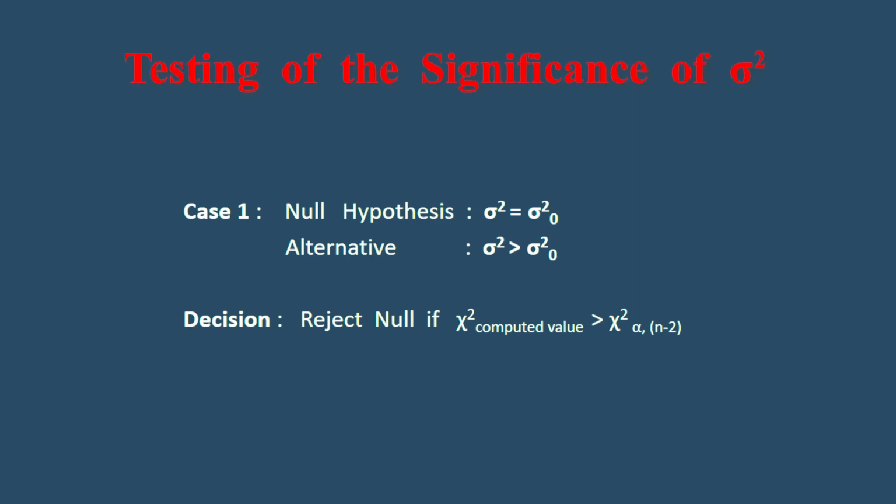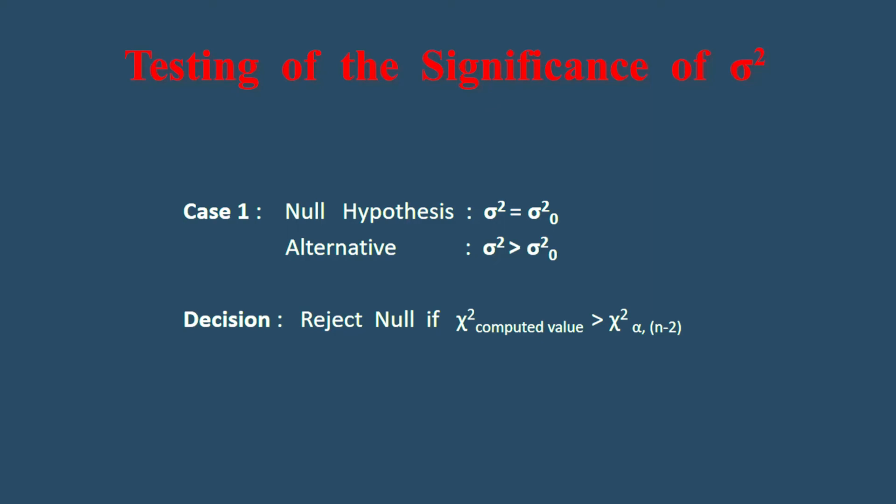So what is the decision? The decision is very clear: the null hypothesis is rejected if the computed value of the chi-square statistic exceeds the table value at alpha, n minus 2 degrees of freedom. This alpha is the level of significance, and since it's a one-tail test, we do not go for alpha by 2.